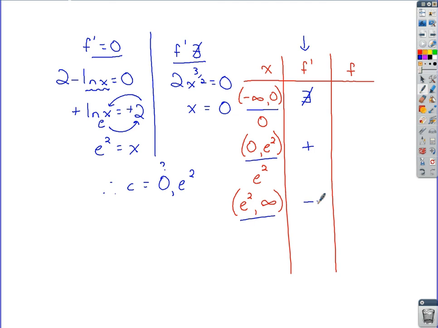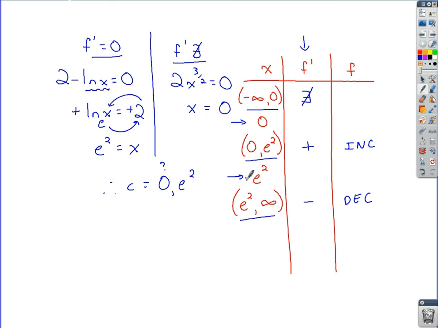Now what that means for the original function, wherever I see a plus sign, the original function is increasing for that interval. Wherever I see a minus sign, it's decreasing for that interval. And other things to take note of, because we talked about this on the previous problem as well, is what's going on with the derivative at these critical numbers?